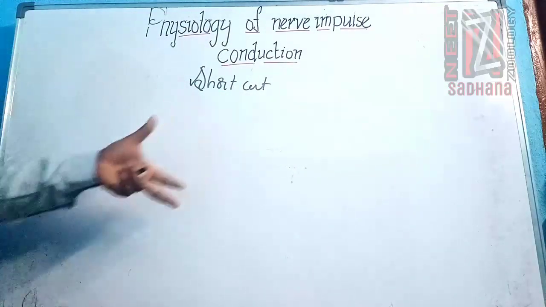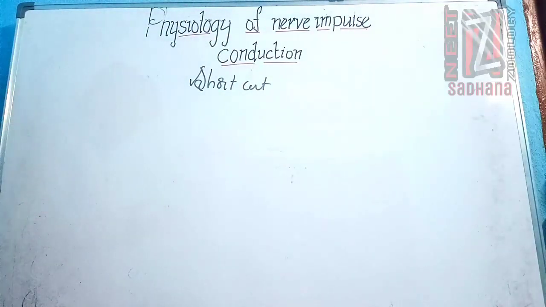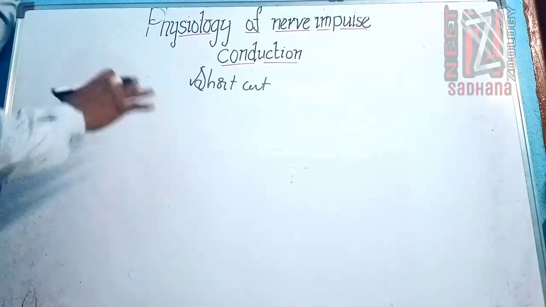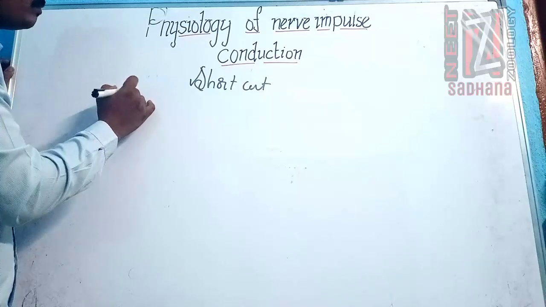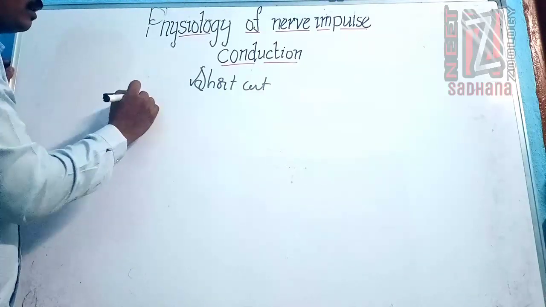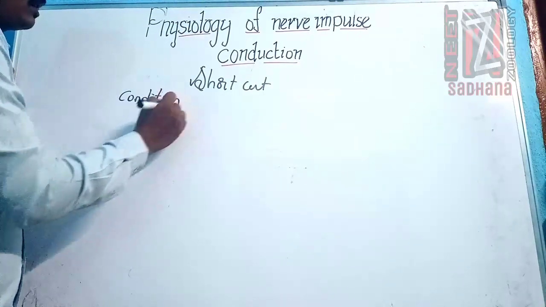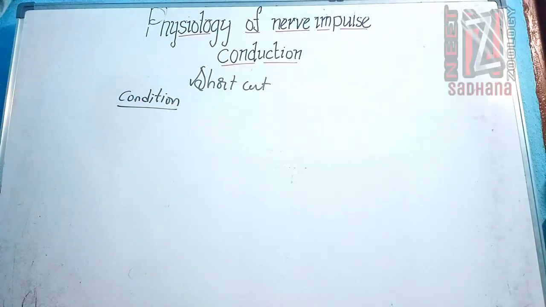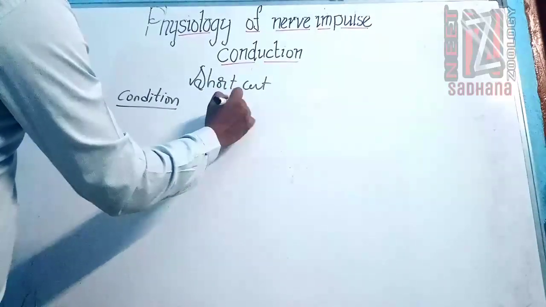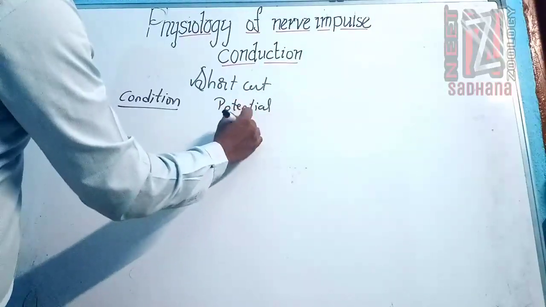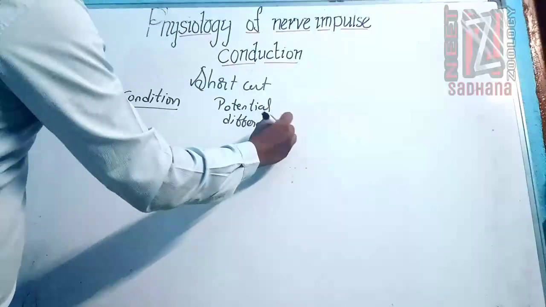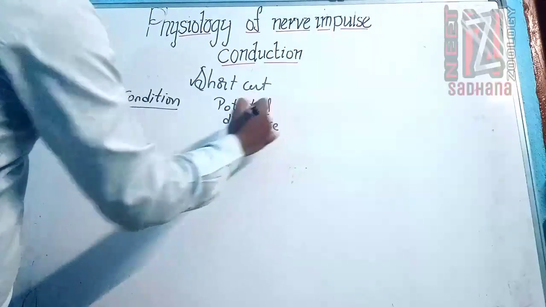Now, when you want to observe a total topic in a simple way, you can start using a table. So I'll put a table where you can understand every topic of this conduction. First we'll start with the columns: the condition of the membrane, what do you call the potential difference at that condition, which word, which name we use.